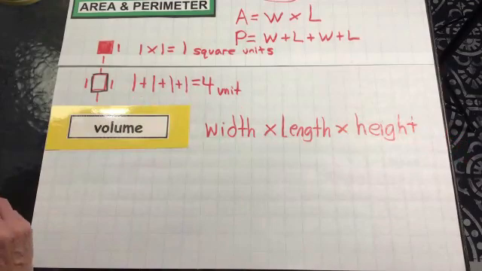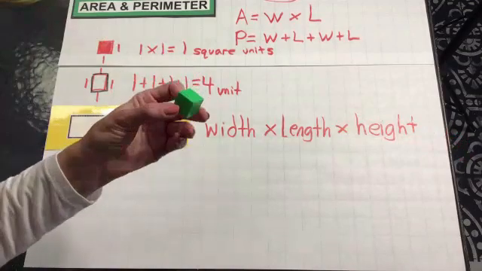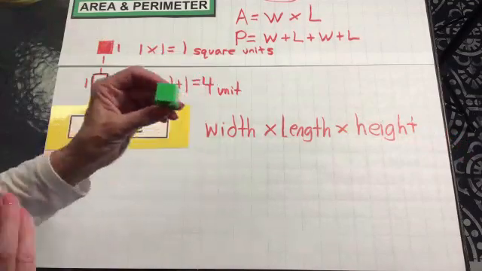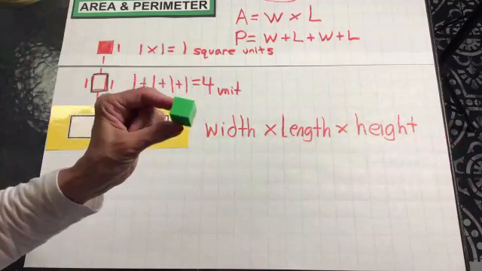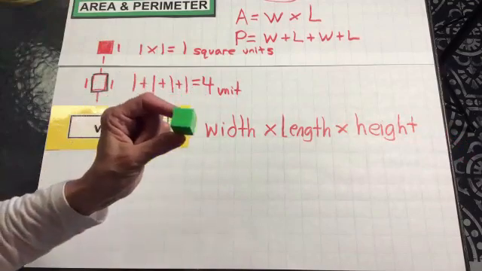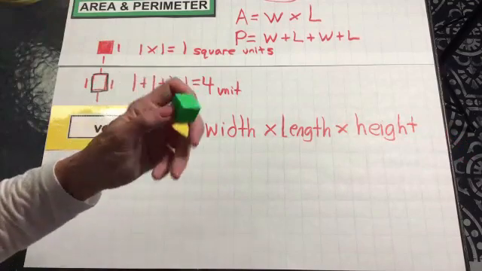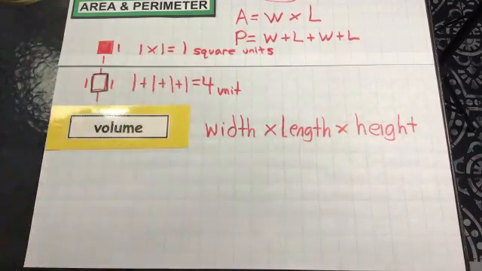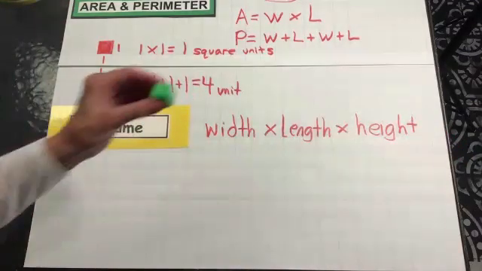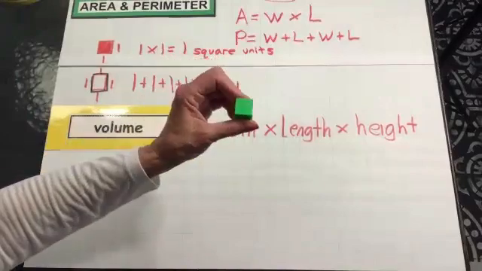Width times length times height. And we're talking in cubes. So there's a capacity, or it can hold things. If this was like a box, it could hold things. And so it's telling us what the volume is. That's what we're going to find out, is the volume, what can fit in this box.